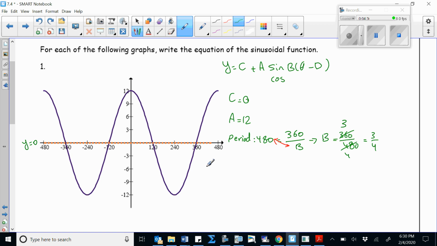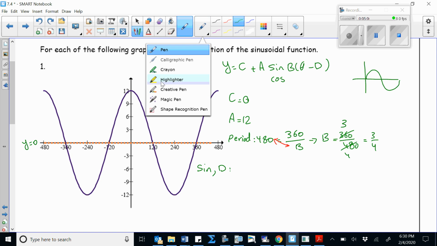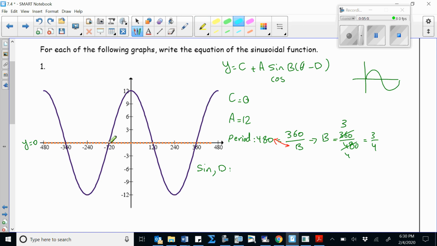Okay, so I'm going to start writing a sine function. If I want to write a sine function, I need to find a d value. How do I find this value? I know that the parent sine function looks like this. So it's a middle, high, middle, low, and middle. So I need to look for a pattern like this on my graph. What I see here is this one, for example.